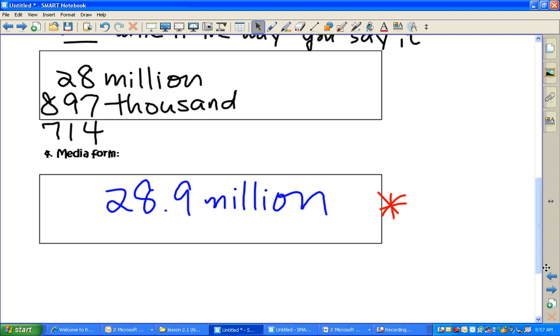So why is that easier to read? Okay, Justin. Because instead of saying all the digits, all you say is like 3 digits, 28.9 million. You don't have to say 28,897,714. Yeah, this is easier to read. You're not having to read all the digits.